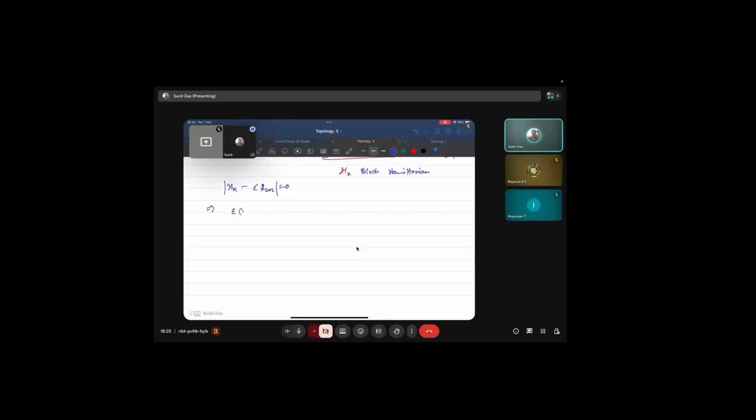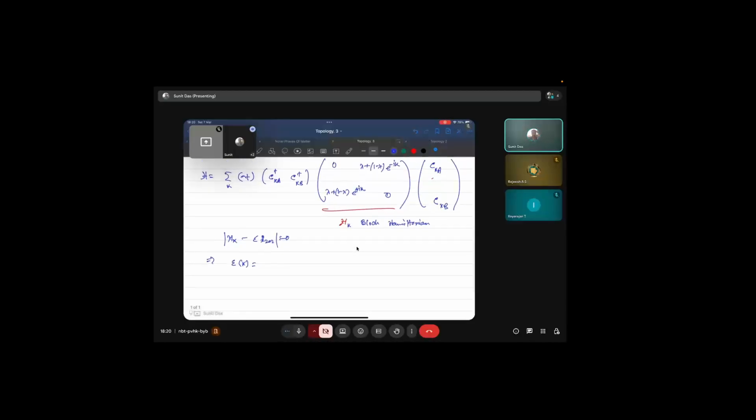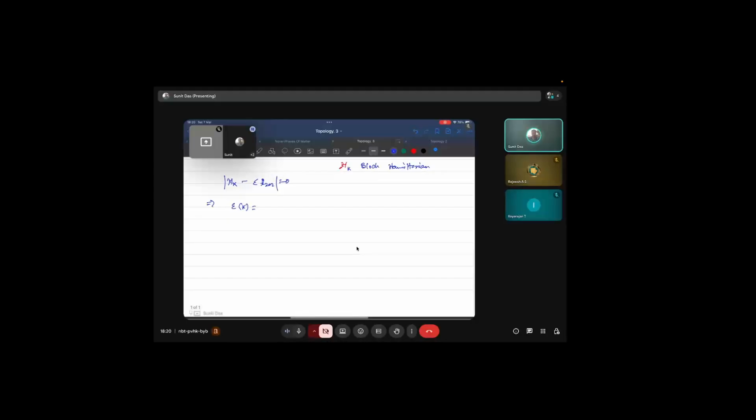So what you'll get is that epsilon as a function of k is going to be plus minus root over, you rearrange, and then you'll find t square lambda plus 1 minus lambda cos k, plus t square 1 minus, sine square k.